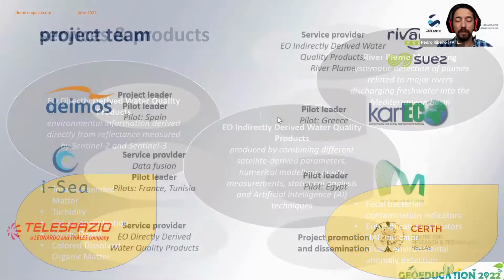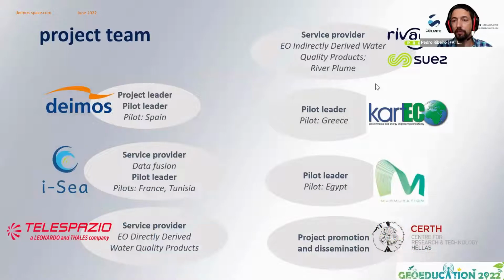And how we're doing this, we're doing with this very strong consortium. So we have different institutions here. As you can see, some of those are listed as service providers. So these are the partners that are actually developing the solutions. And then we have the pilot leaders, because we have a first phase of the project, we'll be developing the solution for specific pilot areas across the Mediterranean.